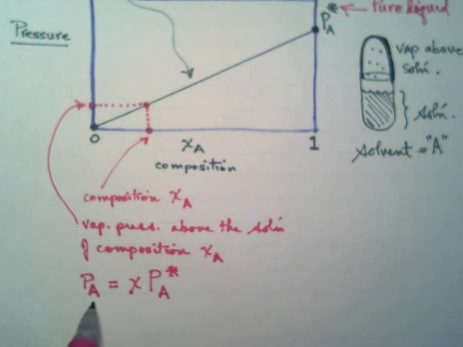The vapor pressure above the solution would actually equal the pure vapor pressure of that liquid if all I had in there was A. In other words, if this were equal to 1. And so this is the mole fraction of A.